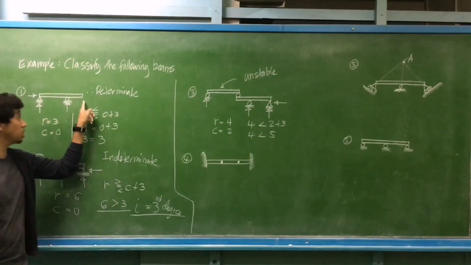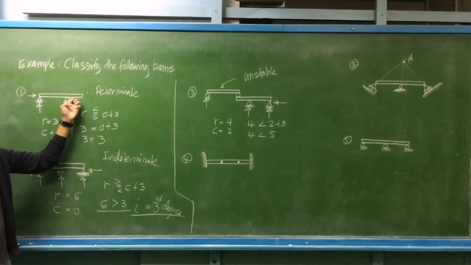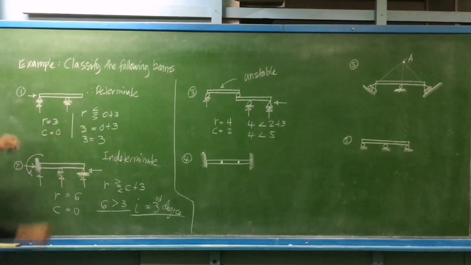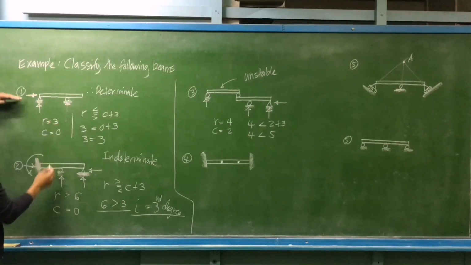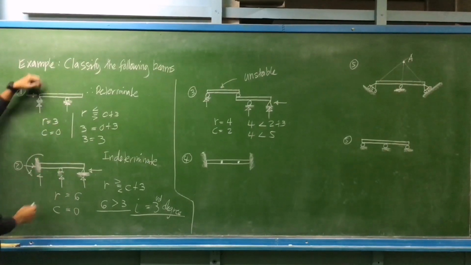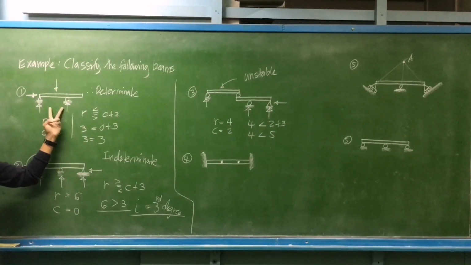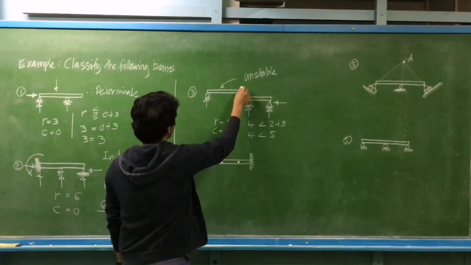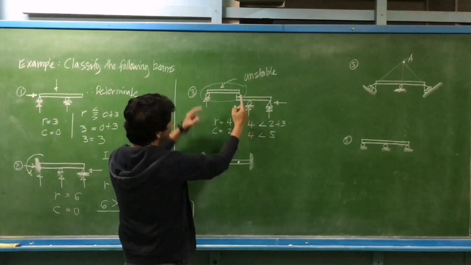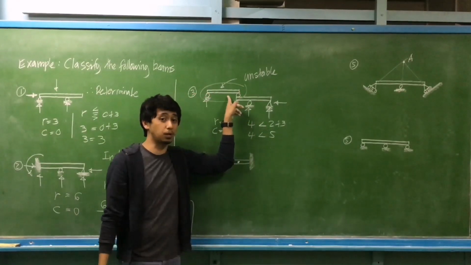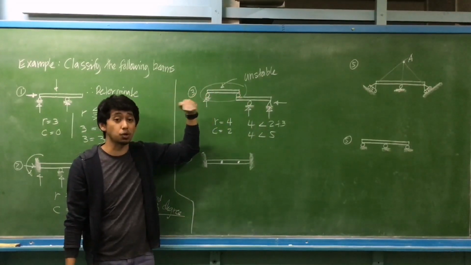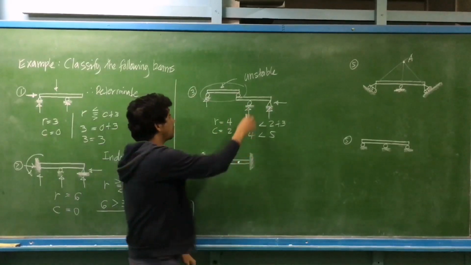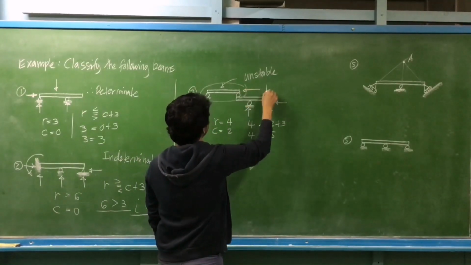How about this one? Can we consider this one as stable? Yes, it is stable. It can resist horizontal loading since we have a horizontal reaction and vertical reactions. But for this case, if you observe this portion, they are both rollers. So the disadvantage of a roller is it cannot resist horizontal force. For example, we have a horizontal force here.